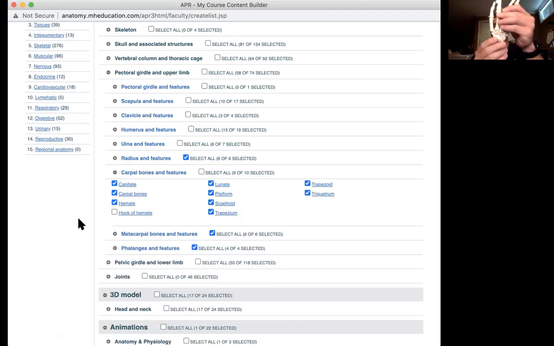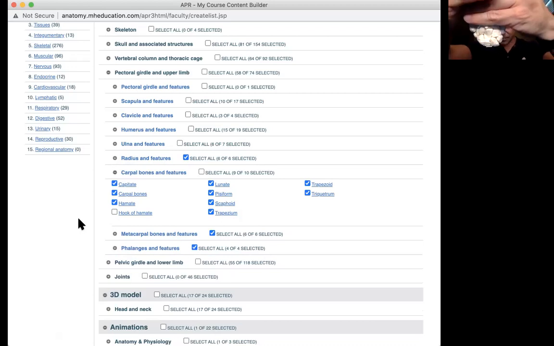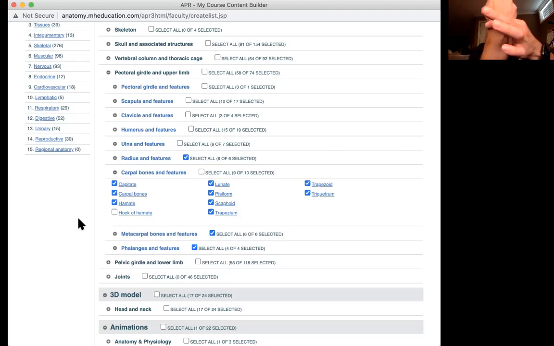The carpals are down in here. There are these bones right down here at the bottom. All those little pebbles down there are individual bones. This is your wrist, this tiny little wrist right here. We have 2 rows of bones.